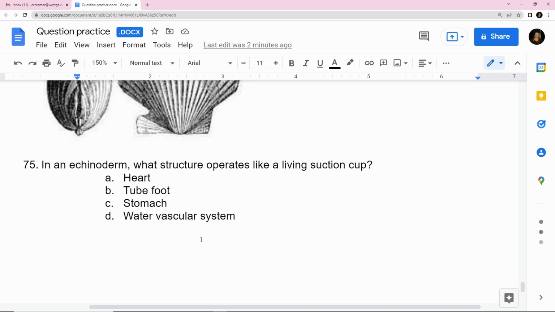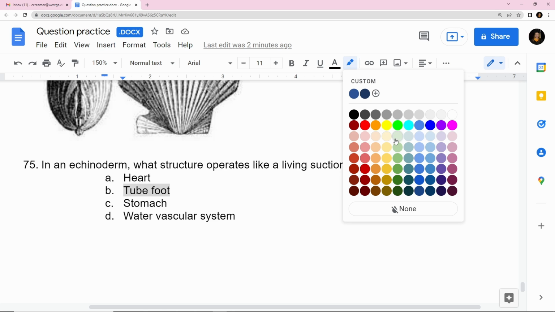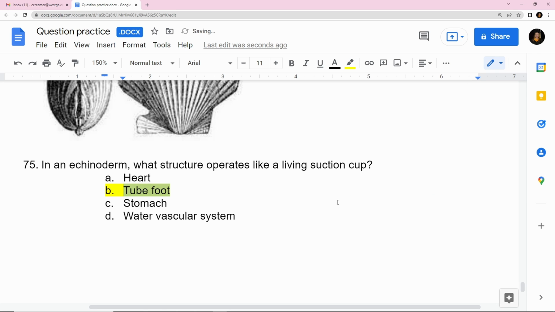And last but not least, in an echinoderm, what structure operates like a living suction cup? The heart, the tube foot, the stomach, or the water vascular system? If you said tube foot, you would be correct.